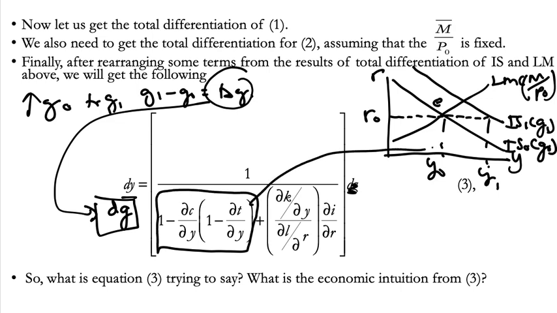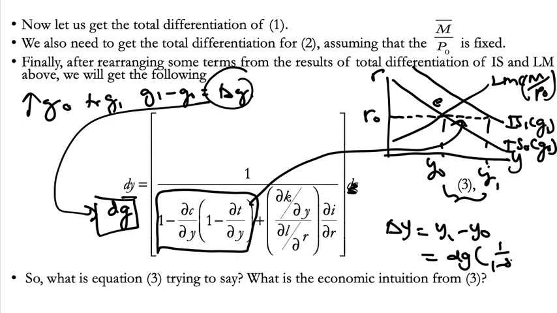Okay, it increased by the amount of multiplier. So here, let's say change in Y equals Y1 minus Y0 is actually equivalent to dg times 1 over 1 minus delta C over delta Y, and so on. This bit only. But now, because we are incorporating interest rate, Y0 to Y1 won't happen.